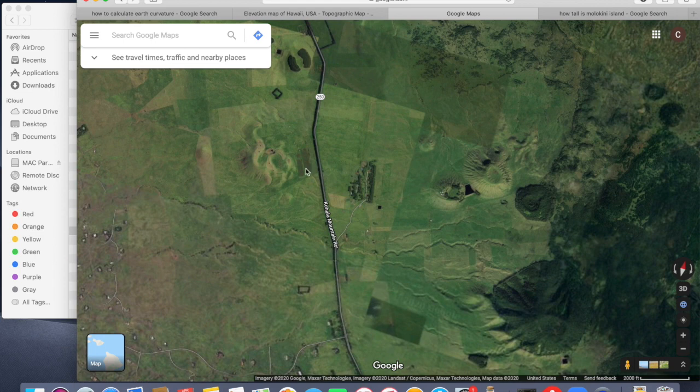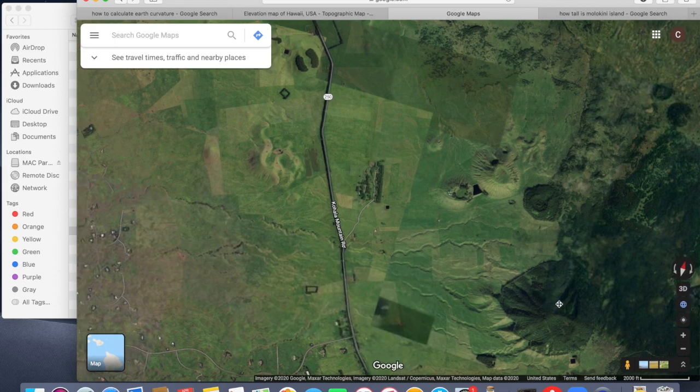Okay, there's a little pu'u on the left side of the road, and I was standing there. You'll be able to recognize the pu'u in the beginning of the shot at 3,000 feet.